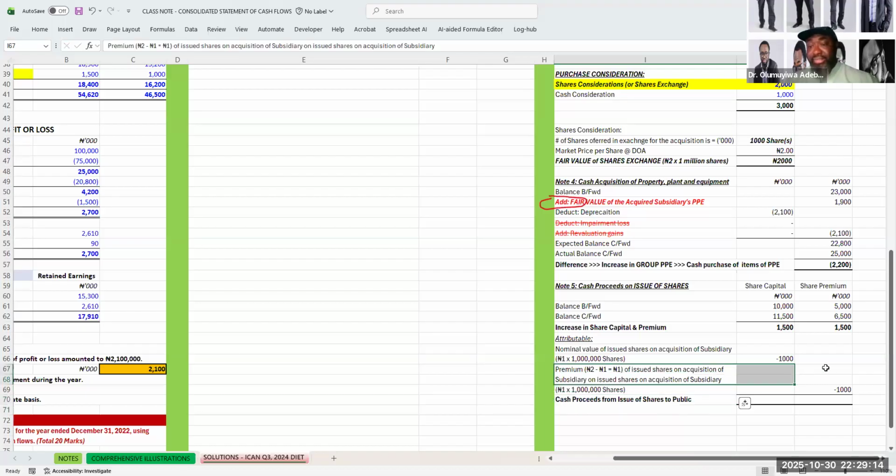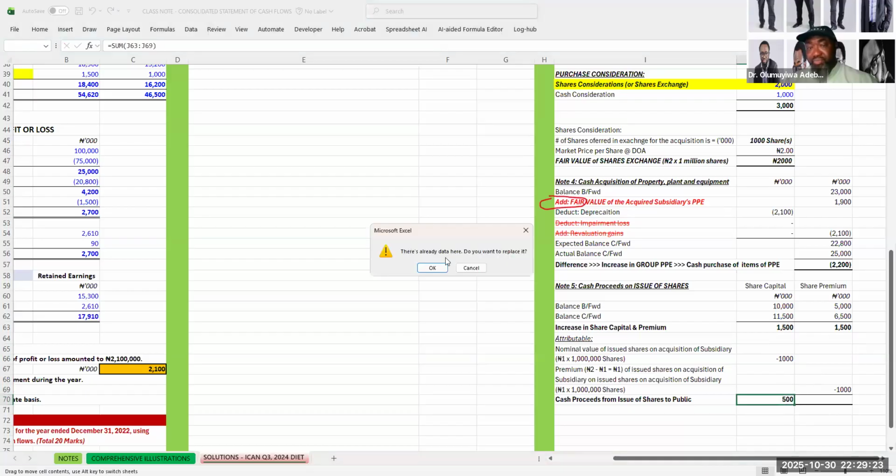And in that case, I can have 500 and also 500.